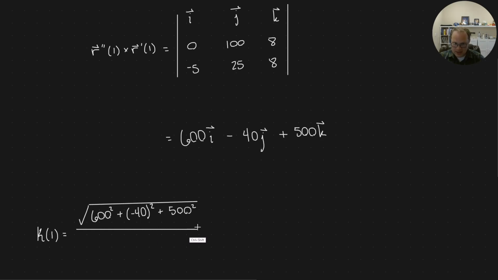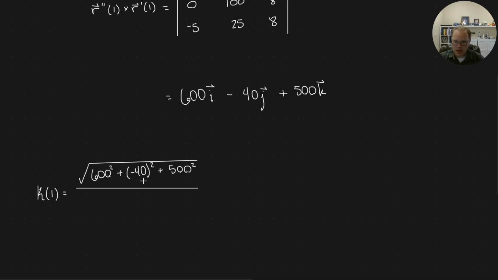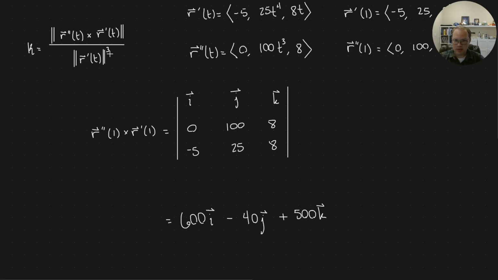And I divide that by the norm of r prime cubed. So here's my r prime at 1, negative 5, 25, 8. So I'm going to have square root of negative 5 squared plus 25 squared plus 8 squared. And then I cube it because that denominator is cubed.